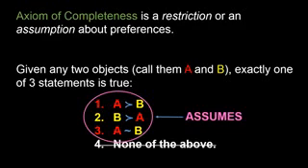She either strictly prefers one to the other, or she's indifferent between them. She's not allowed to say that she has no opinion, or she's never heard of what an apple is, or give some other answer. She must always choose one of these 3 statements as a correct description of her pairwise preference over this pair of objects.